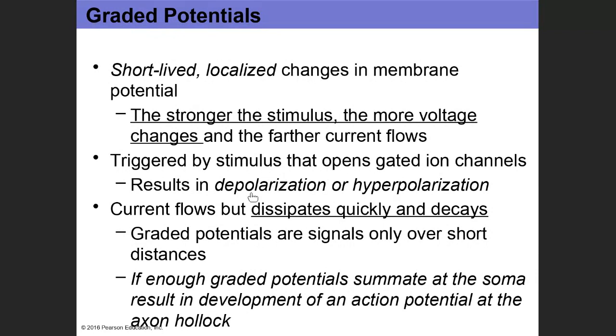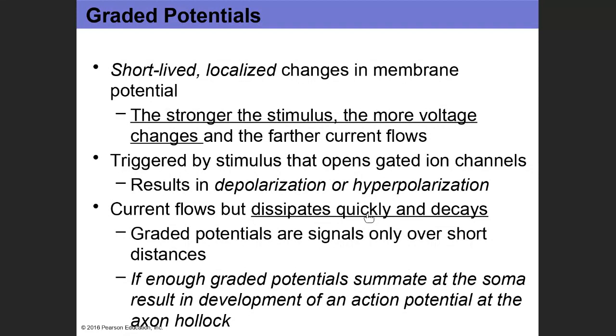I've really already said this. Something else you can consider is that with graded potentials, the signal will dissipate. The signal decays. That makes this very different in definition from an action potential, because an action potential does not dissipate. It does not decay. An action potential starts and it goes all the way.